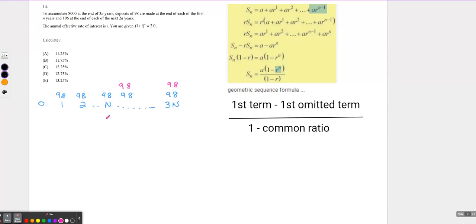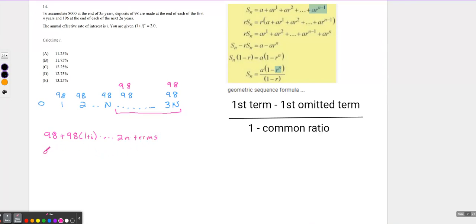So first, let's accumulate the pink. So I'm going to have 98 plus 98(1+i), and so on and so forth. And I'm going to have 2n terms, right? From here to here. You don't need to write anything more.